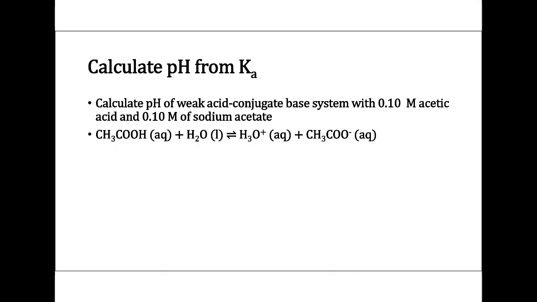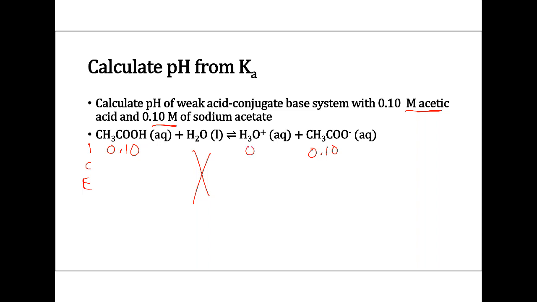So here we want to find the pH of a 0.1 molar acetic acid and 0.1 molar sodium acetate solution. We left sodium off because sodium ends up being a spectator ion. Let's go ahead and set up our ICE chart like we have in the past. We'll plug in our initial concentrations for acetic acid and for acetate. We know that water does not contribute to our equilibrium constant, and then H3O plus was initially 0.